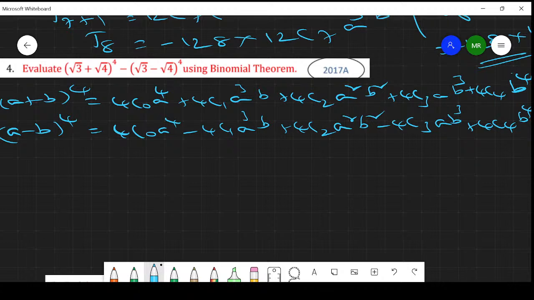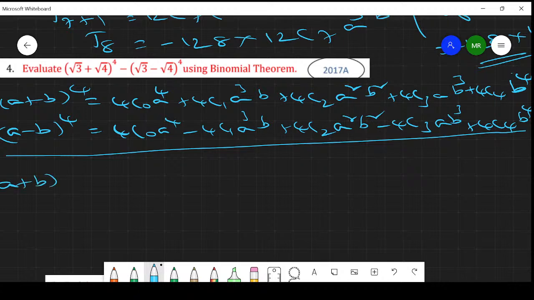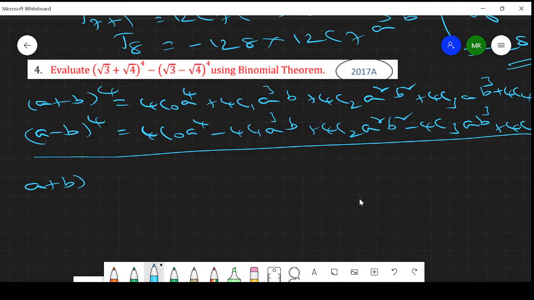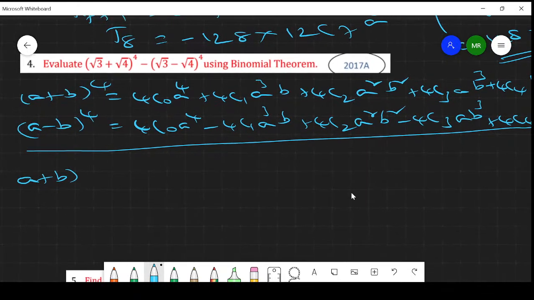Now, if I consider the difference of these two, (a+b)^4 minus (a-b)^4, I am subtracting this.